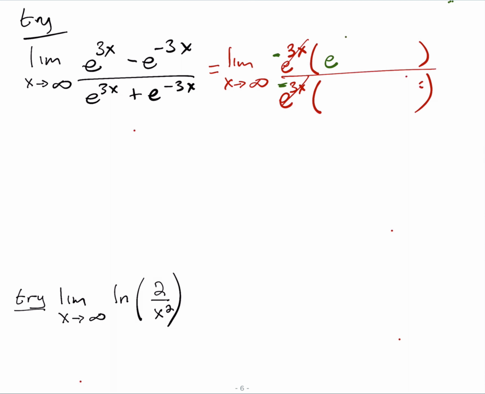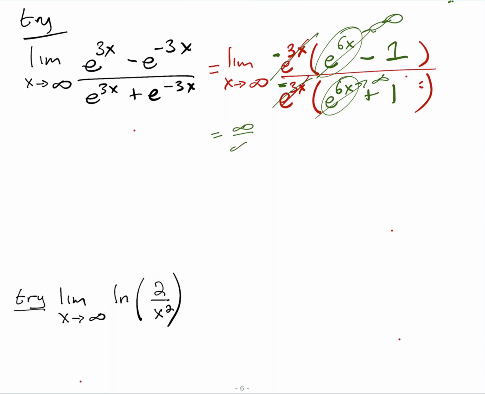We get e to the positive 6x minus 1 over e to the positive 6x plus 1, and these still cancel. But notice this is not helpful, because e to the 6x is going to infinity. Infinity minus 1 is still infinity, infinity plus 1 too. So this is infinity over infinity. What does that tell you?